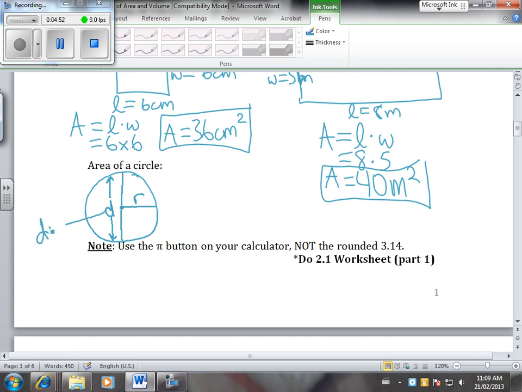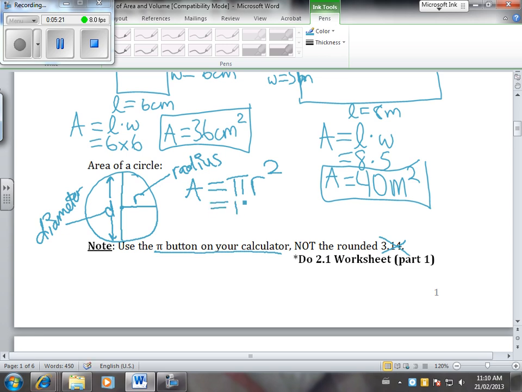So there's your diameter and your radius. And radius is what we're looking for, because the formula for the area of a circle is pi r squared. Now, you'll use the pi button on your calculator. Do not use 3.14. Just use pi all the time so we can be as accurate as possible.